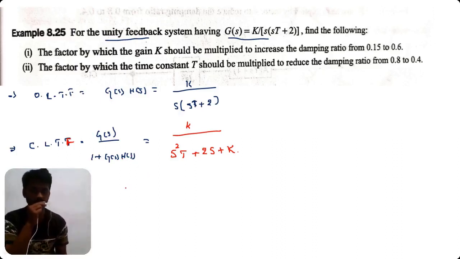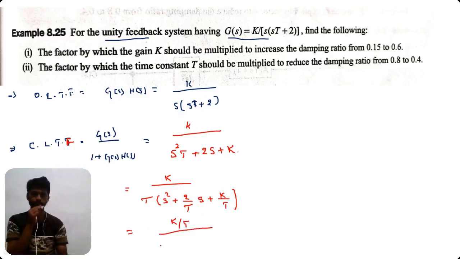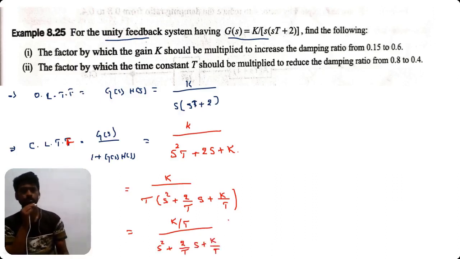For that I am taking T common, then it will be s square plus 2 by T into s plus K by T. So the final closed loop transfer function is K by T, over s square plus 2 by T into s plus K by T.